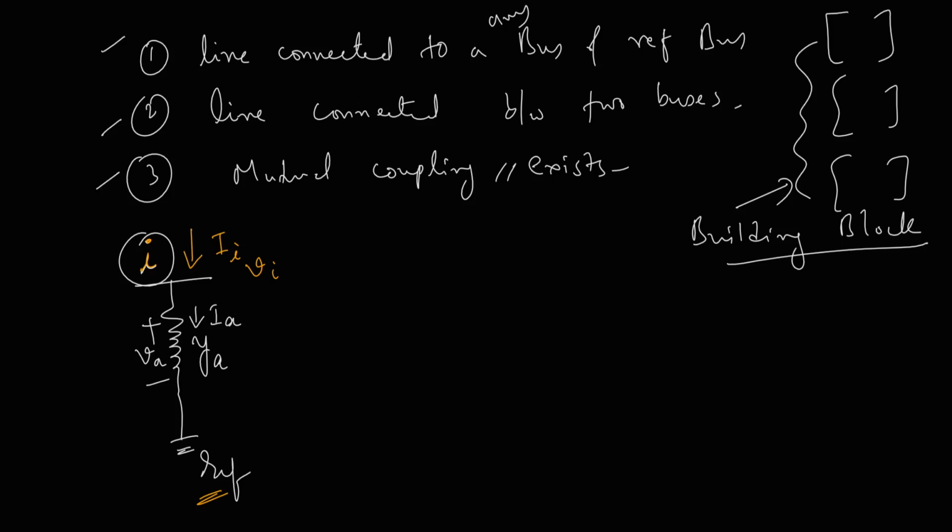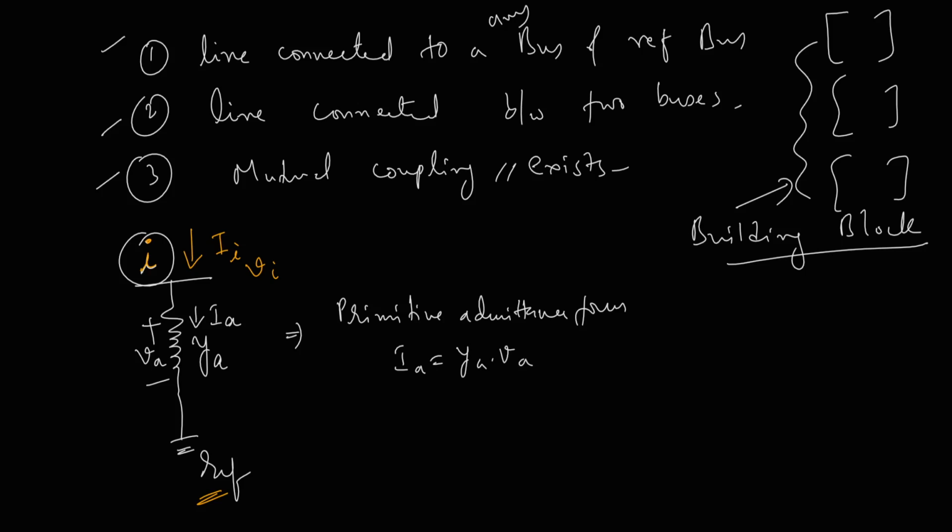Now if I write down the primitive admittance form for this connection, it is simply IA equals YA into VA.